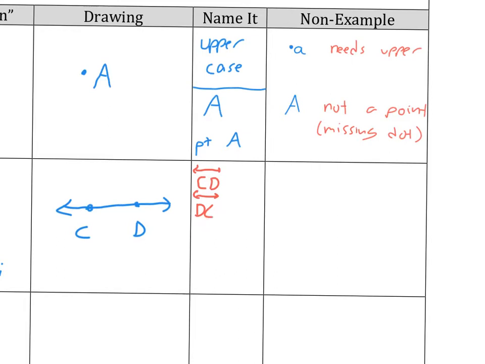However, the other way of naming it is I can use an italicized or a handwritten letter, like that's a K, and you could call it line K. Like that, line M. We use lowercase, and it's usually kind of like cursive or italicized. So a non-example, you have lots of different ones, but this is not a line, at least as it's represented. It is not a line because it's missing the infinite going in that direction.